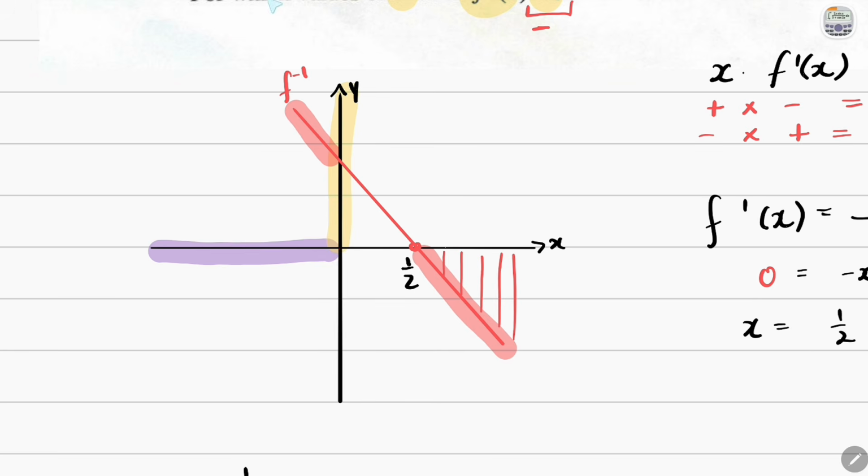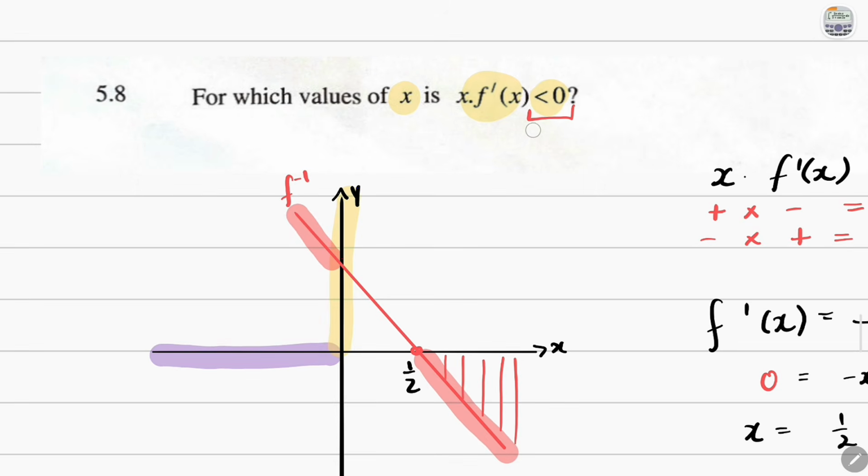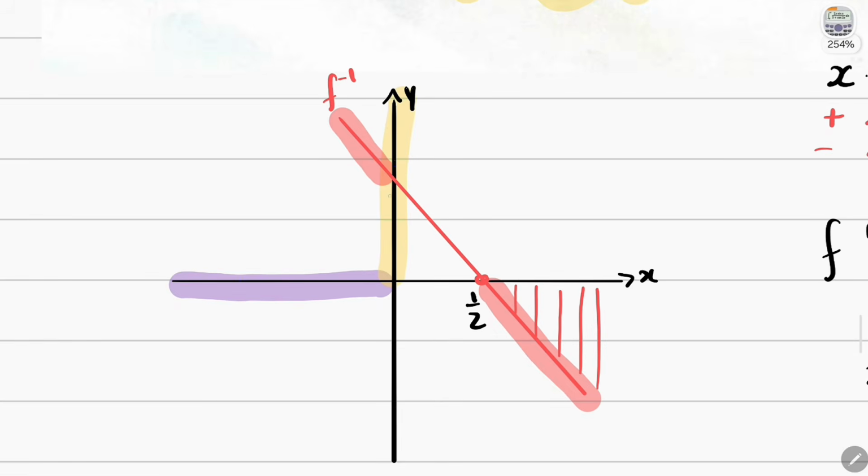That's not what we're looking for. But this part works. So this starts at the y-axis where x is equal to 0, but not exactly at the y-axis because they didn't say less than or equal to 0. They said it must just be less than 0. If you took that x value of 0 times the positive y value it has, it will give you 0. So we're not including the actual x value of 0.